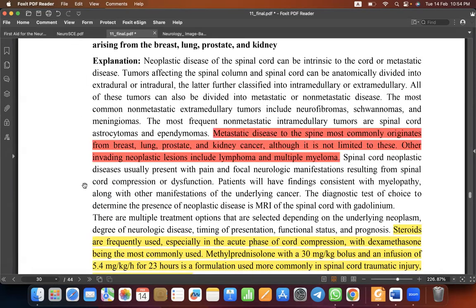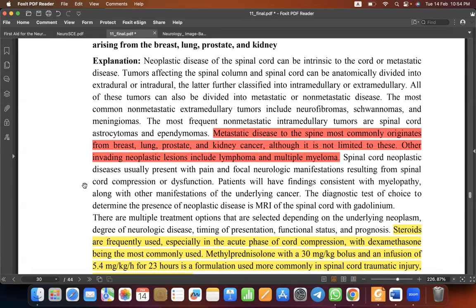So neoplastic spinal cord disease is either intrinsic to the cord or metastatic disease. Tumors affecting the spinal column or spinal cord are divided, as I told earlier, into extradural or intradural. Intradural could be further classified into intramedullary and extramedullary. All these tumors can be classified into metastatic or non-metastatic.